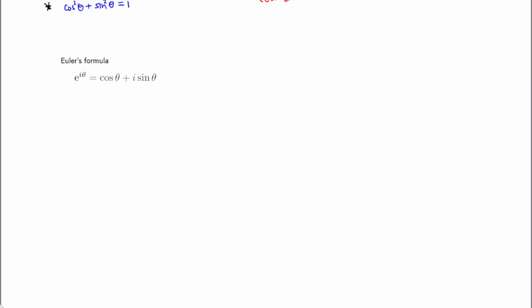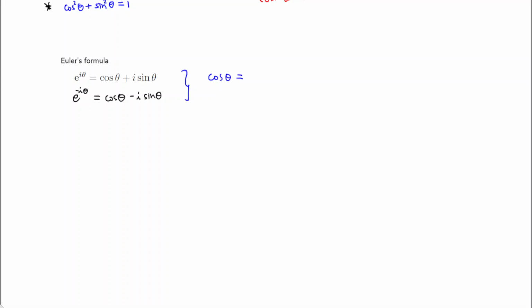What we could do is take the complex conjugate of this expression and write e to the minus i theta equals cosine theta minus i sine theta. And what can be done with this now is we can think of the sine and cosine theta as variables and think about this as two equations and two unknowns.